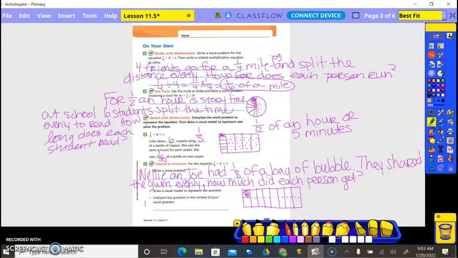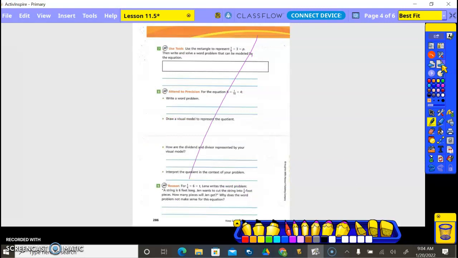So just to check it, 1/8 divided by 2 equals 1/8 times 1/2, which equals 1/16 of the bag. And then the next page, we'll just go ahead and mark it off. And then do homework.